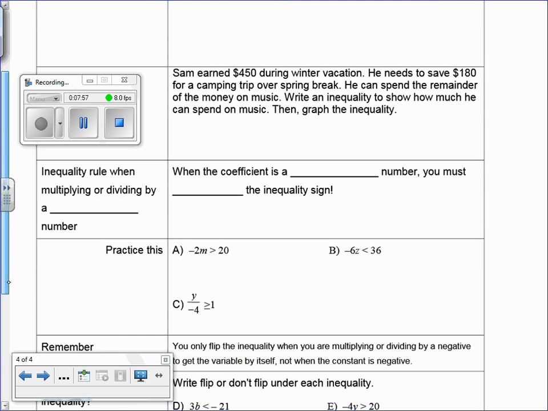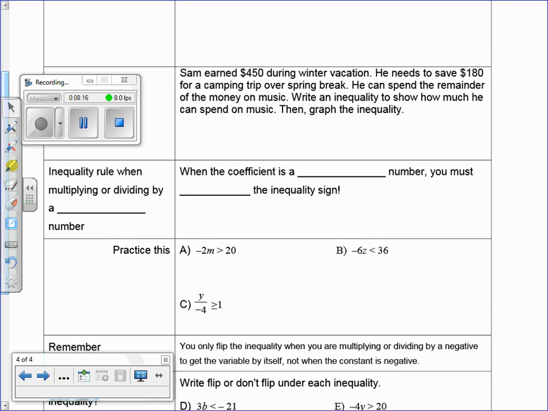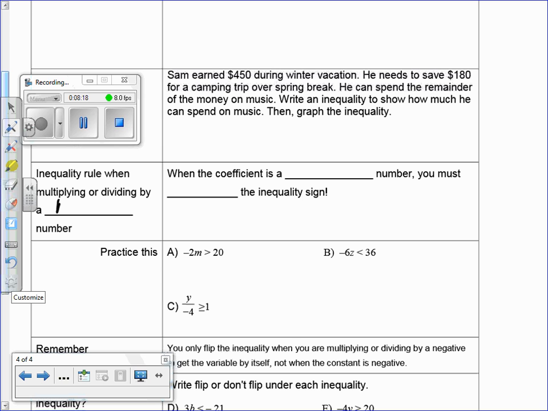All right, finally, let's go ahead and take a look at this final rule. When multiplying or dividing by a negative, well, isn't that lovely? By a negative number, all right? When the coefficient, that's the number that's beside the variable, okay?